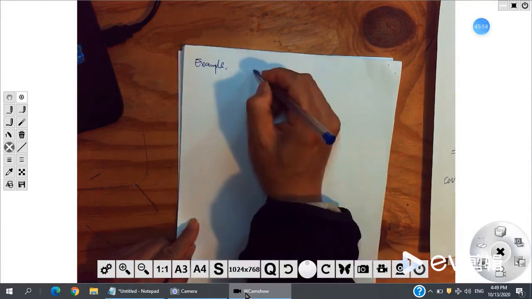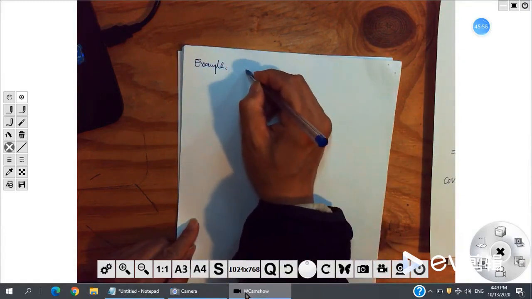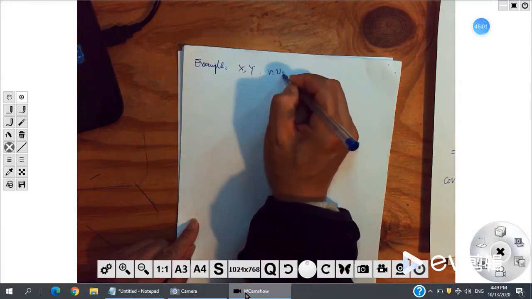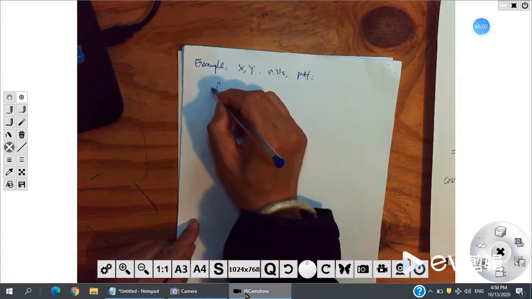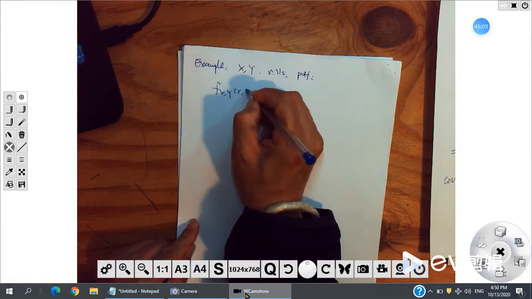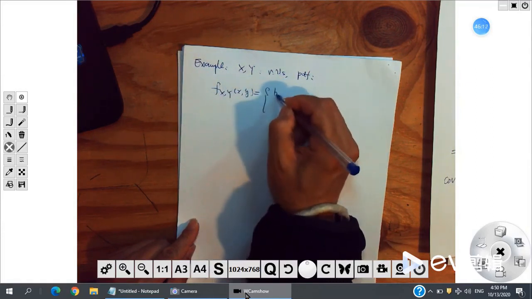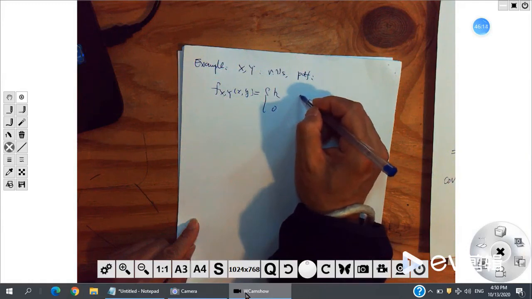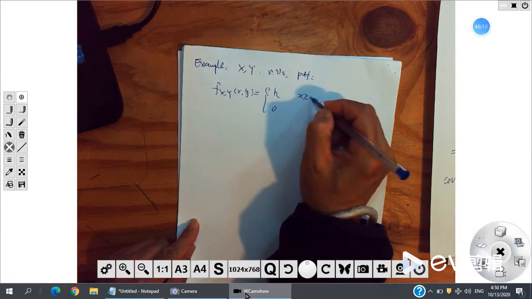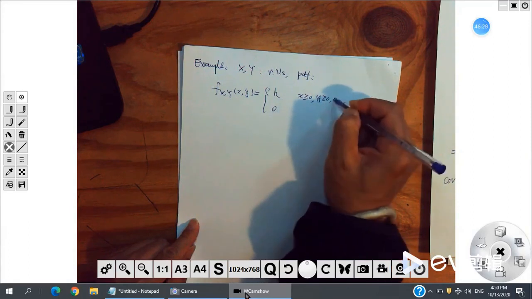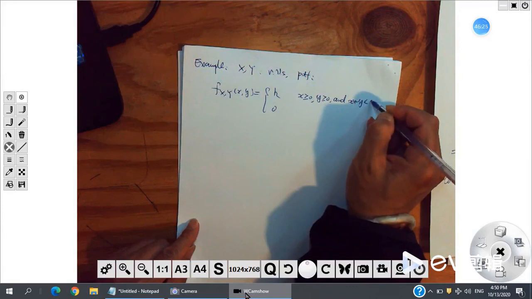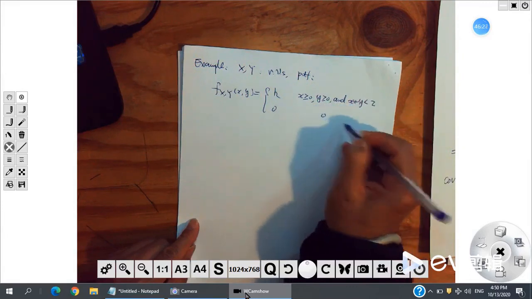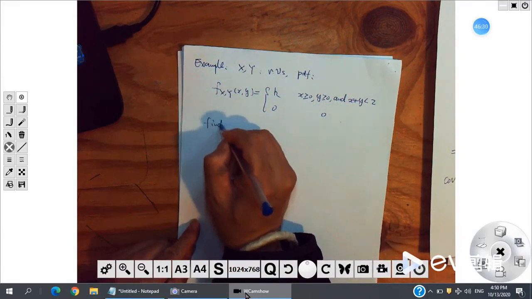I have x, y, they are random variables with joint PDF f_XY(x, y) equal to a value k if x positive, y positive, and x plus y smaller than 2, and 0 otherwise. We try to find the k.